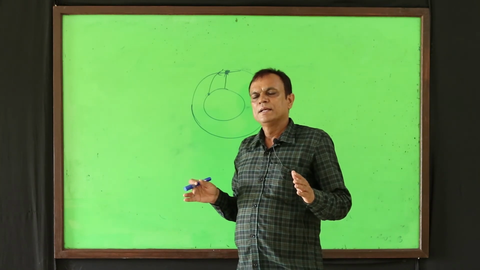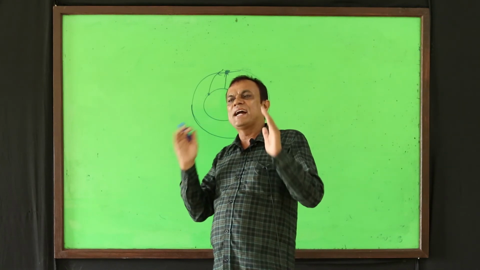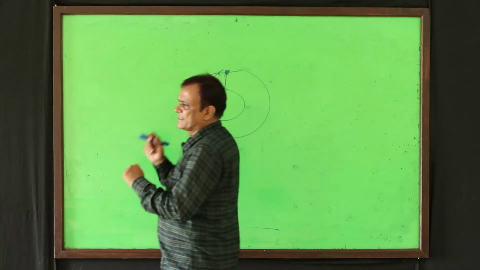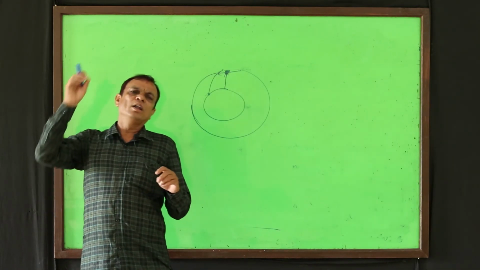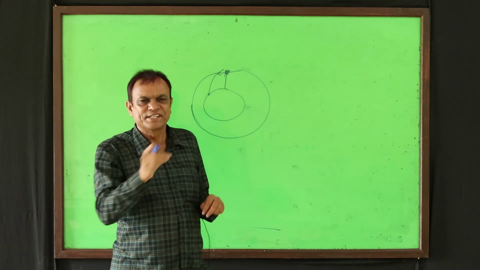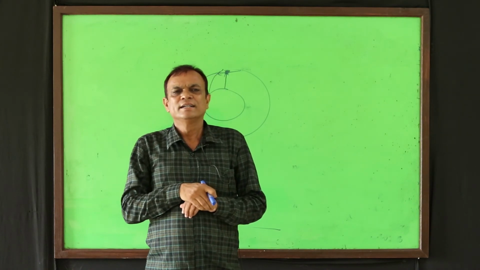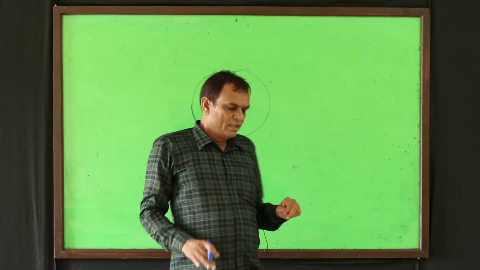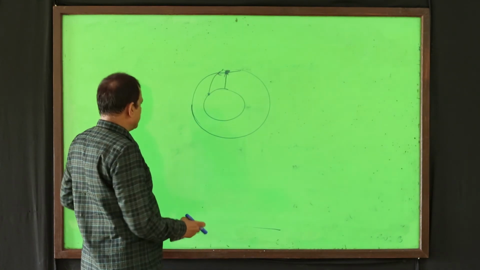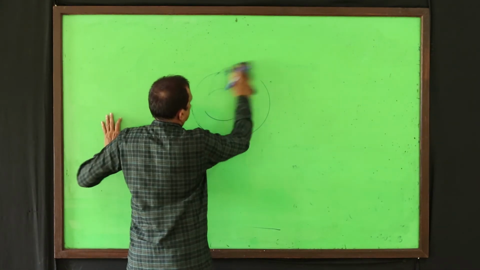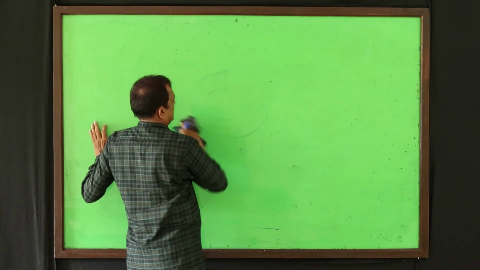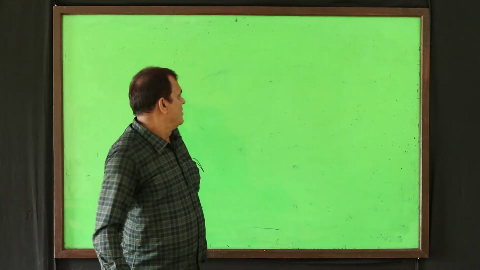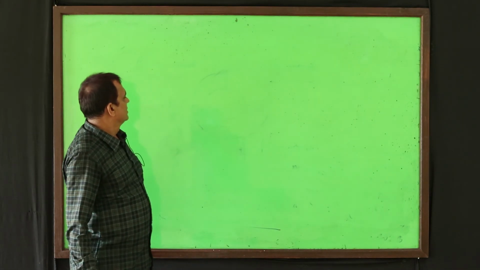In this way all stars including the sun move around the galactic center. In this way all galaxies move around the center of the universe. So centripetal force and escape velocity make it move around the planet or the star.